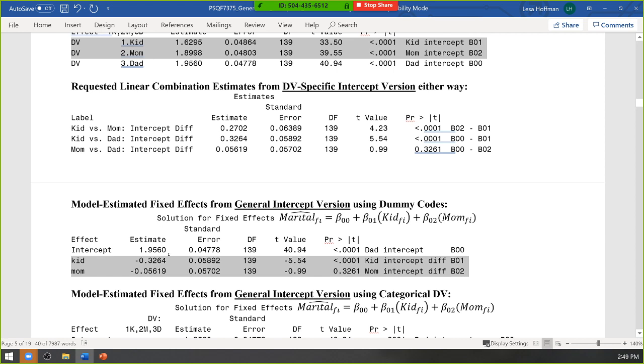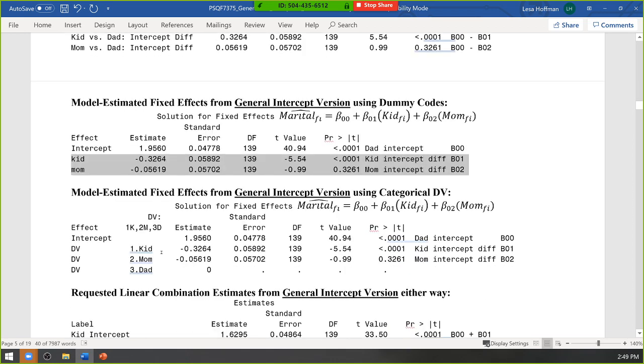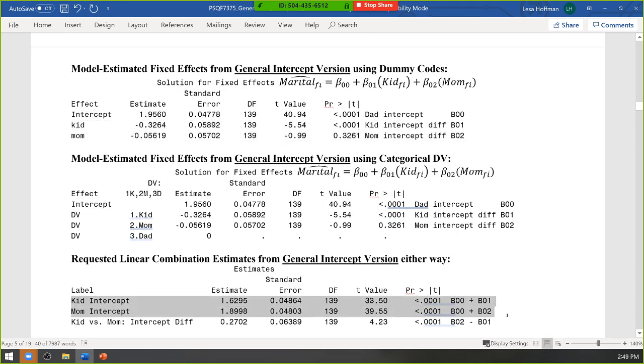Down below, they are how the intercept differs for that other non-reference outcome. So what these numbers down here are telling you is that the intercept for the kid is lower than the intercept for the dad. And this number is telling you that the intercept for the mom is lower than the intercept for the dad. To get to what the intercept would then be for these non-reference groups, that's a lincom to add them back together. And so that's what the extra code that I wrote does to get them back.